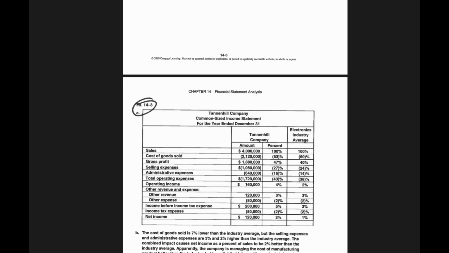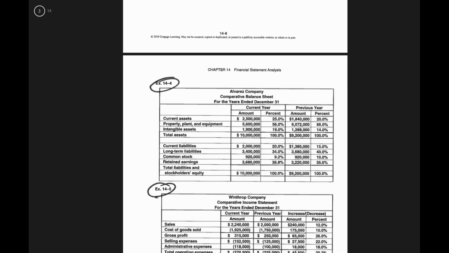So common size, again, we're looking at a vertical analysis here, and we have the average put in the third column, and then we just put in our data in this first column, and we calculate as a percent of sales. Again, sales always being 100%, and this way what we can do now is compare how are we doing to industry, and it's another helpful tool.